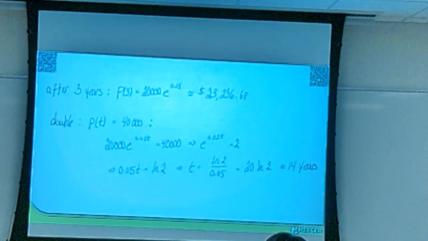After 28 years, you would then have 80,000. 14 and 28, 42 years, it's now 160,000. You're never gonna hit $1 million unless you live to be over 100.